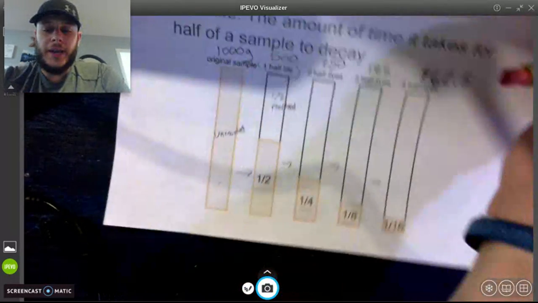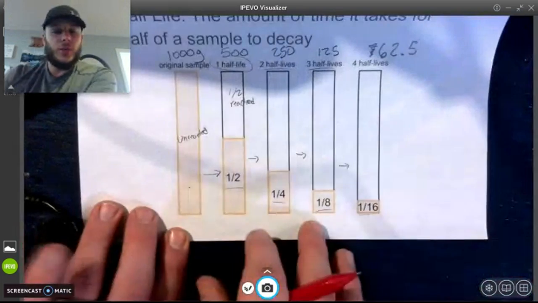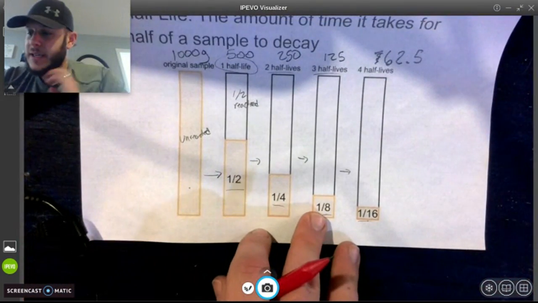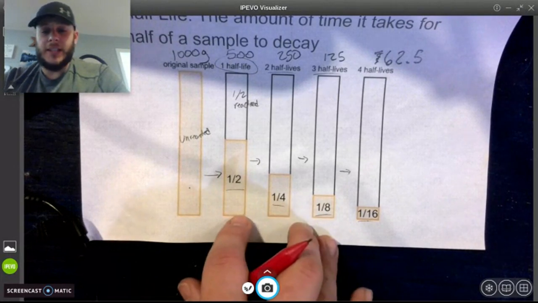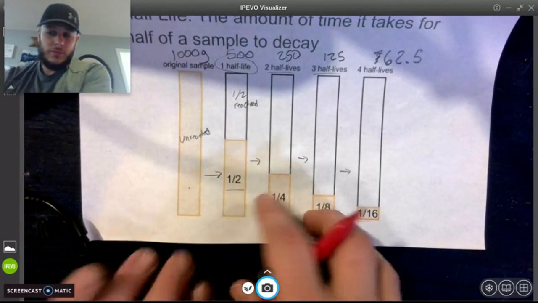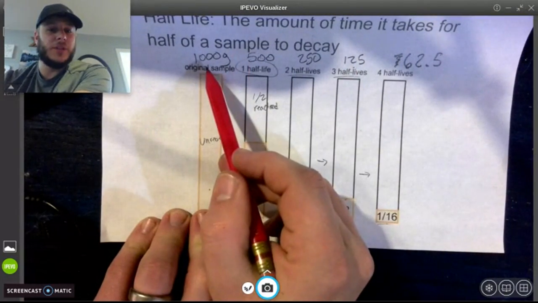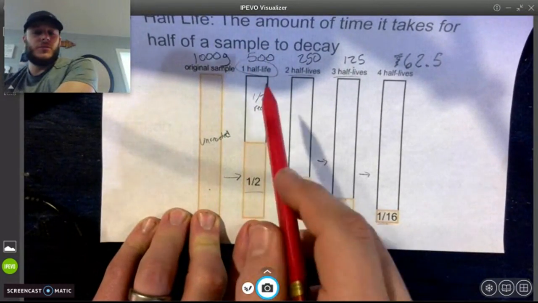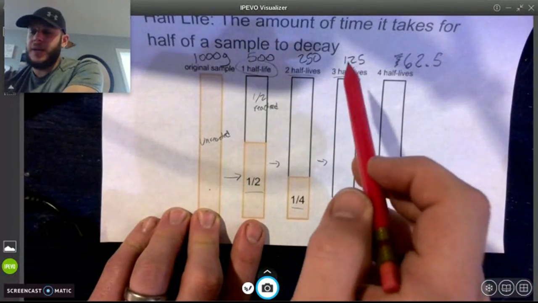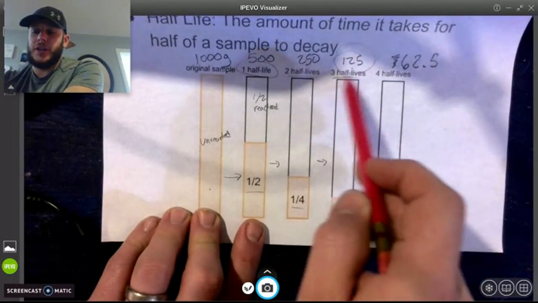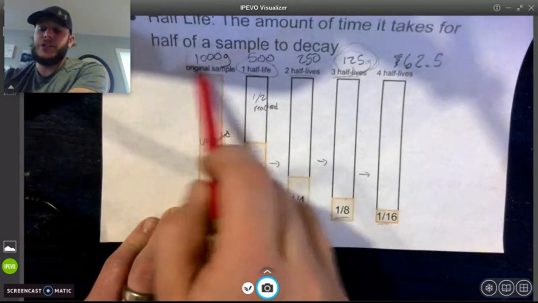And the third way that we can measure half-lives, which you're going to see in a second, is a time question. How much time does it take for 125 grams to be unreacted if we started with 1,000?